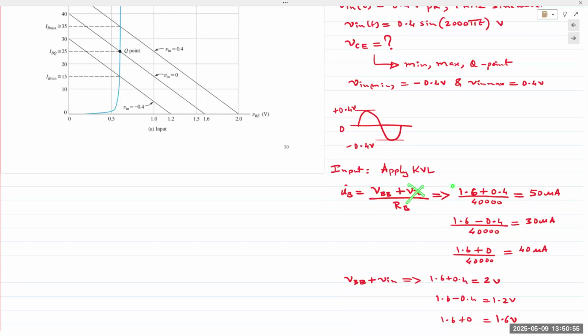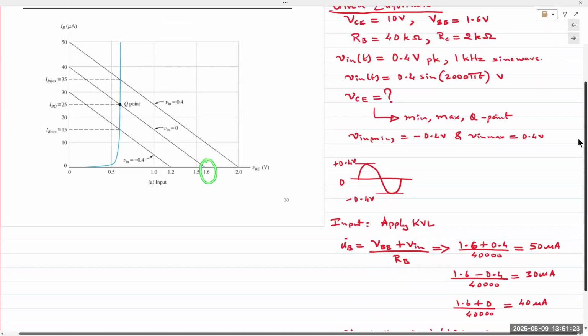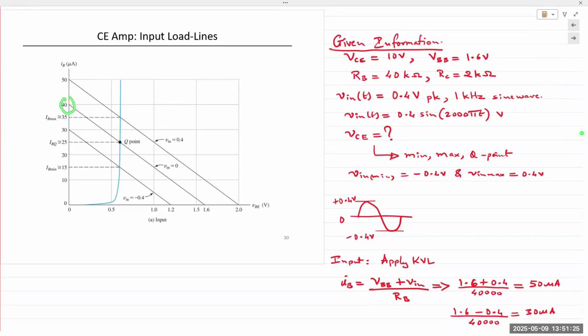If V in is 0, meaning the AC signal has a value of 0 or is not applied, then it's simply VBB over RB. And so we get 1.6 over 40,000, which is 40 microamps. At the same point, the corresponding value for VBB is going to be 1.6 volts. So we have the DC load line, which is 1.6 volts right here, and 40 microamps up there.